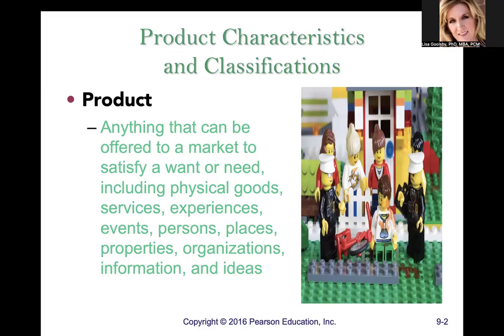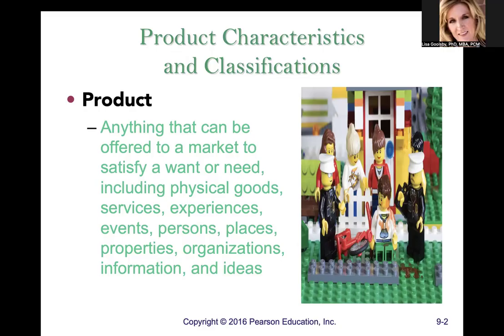Could be events. Here in the South, where I live, the Kentucky Derby is a big deal, and there were a lot of events across my city for the Kentucky Derby, watching it and having parties surrounding all the things taking place with the Kentucky Derby. It could be people. We have celebrities that get marketed, politicians.